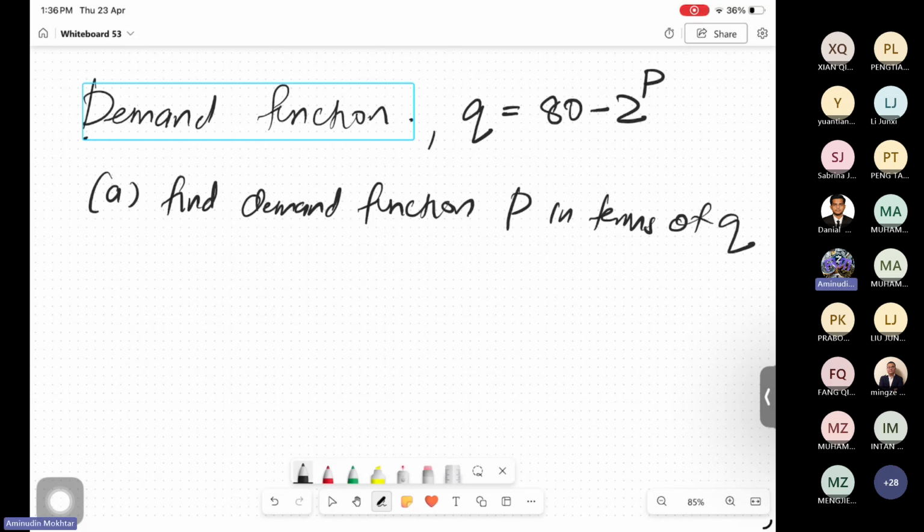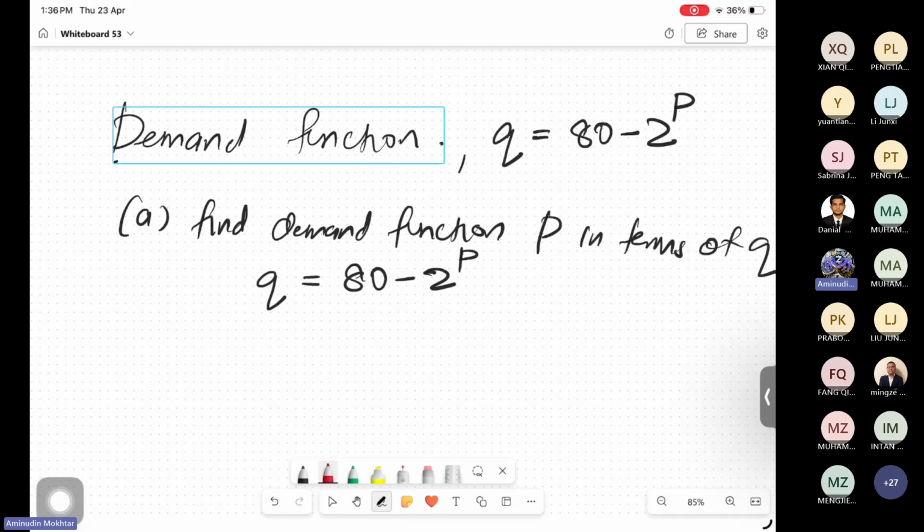Given in the question, we have the demand function Q in terms of P, which is 18 minus 2 to the power of P. So we need to find the demand function P in terms of Q. Where is P? We have this part, negative 2 to the power of P.